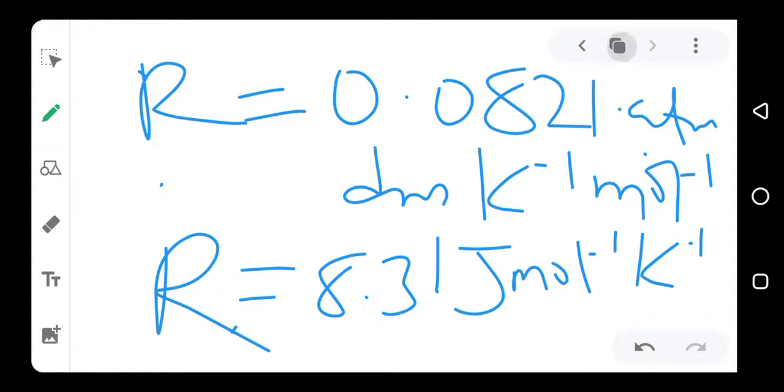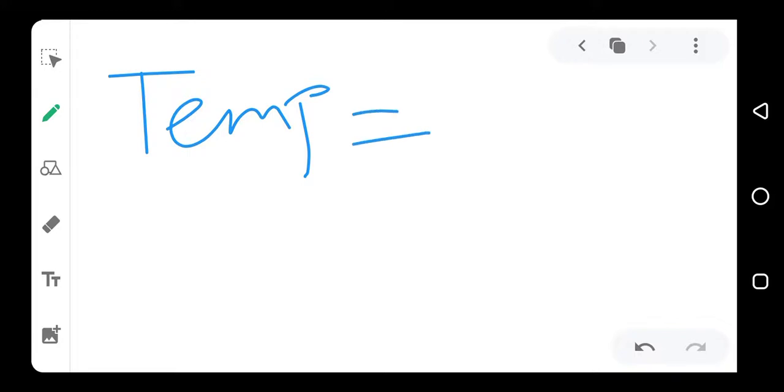Now please note that anytime you want to solve a calculation involving gas laws, this is very important. The temperature must be in Kelvin. If you are given any temperature and it is in degrees Celsius or any other form, we must convert it back to Kelvin. The gas laws are valid only when the temperature is given in Kelvin.